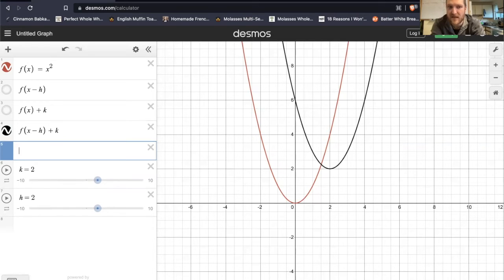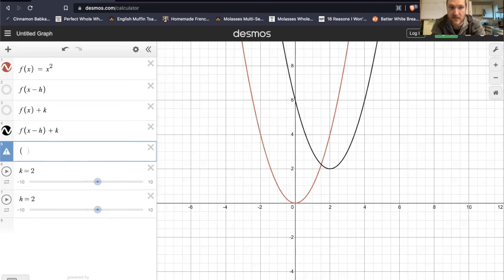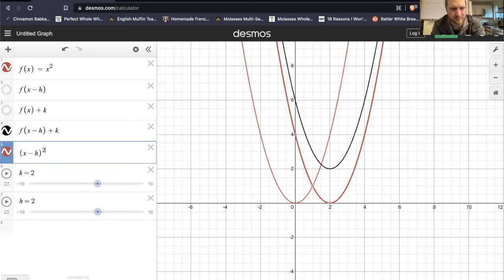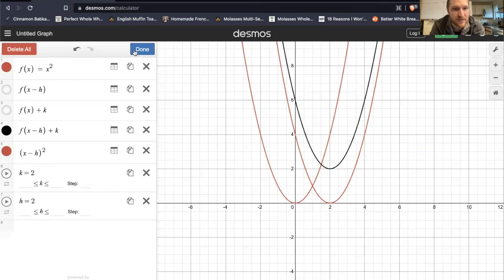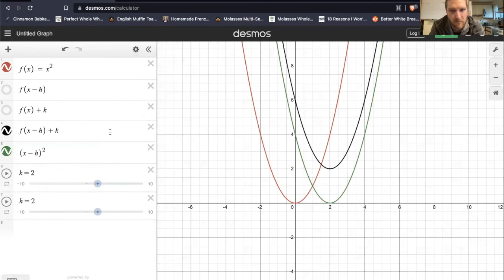It's f of x minus h, which would be x minus h quantity squared. Why aren't you giving me any new colors? This is really bugging me here. There. Thank you. All right.